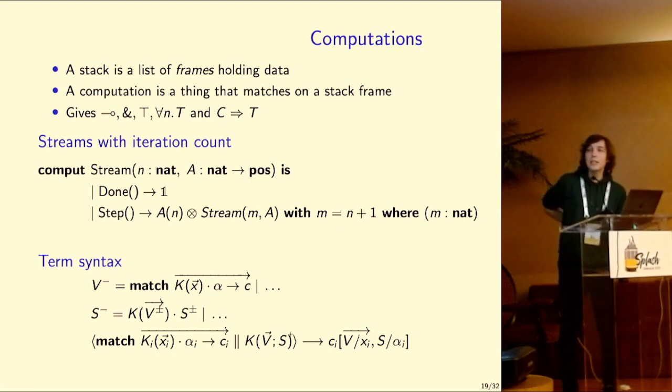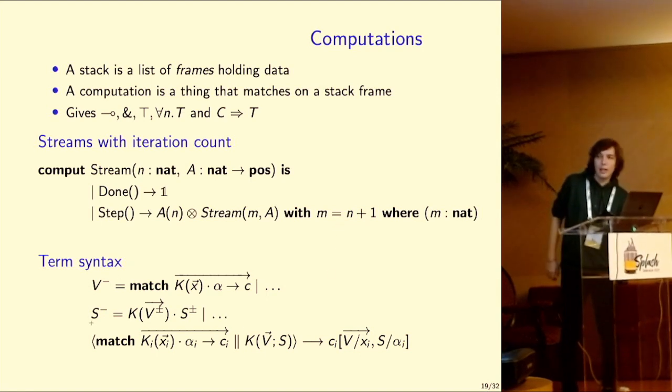And as far as syntax is concerned, stacks are exactly constructors with values pushed on top of another stack, and computations are just things that pattern match on that stack to uncover one frame and capture the rest of the stack as a continuation.